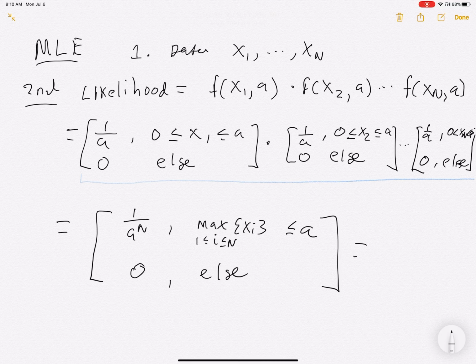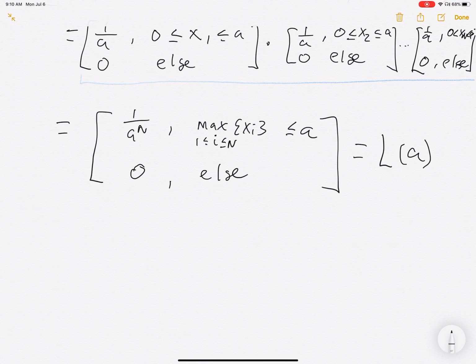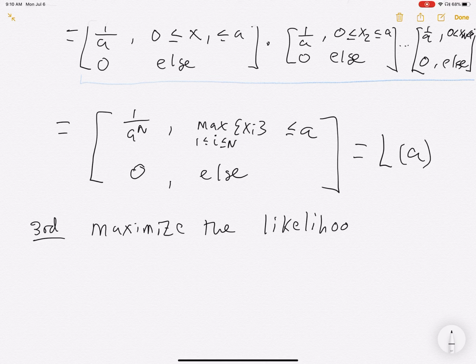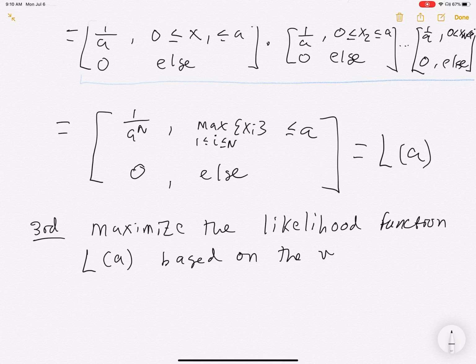And that's our likelihood function. And it's a likelihood function of the parameter a. We want to maximize the likelihood function L of a based on the value of a.